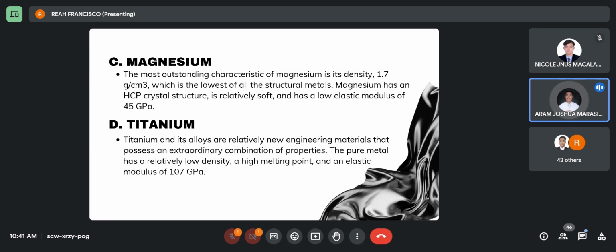The magnesium alloys are lightweight metallic materials composed primarily of magnesium, along with other elements like aluminum and zinc. They are known for their exceptional strength-to-weight ratios, making them crucial in industries where weight reduction is paramount, such as aerospace and automotive.